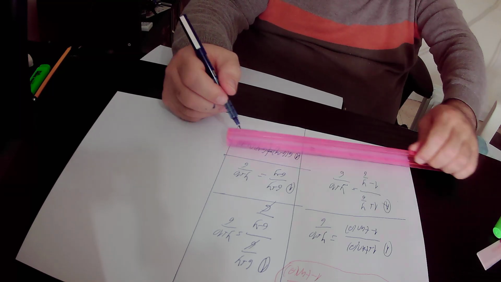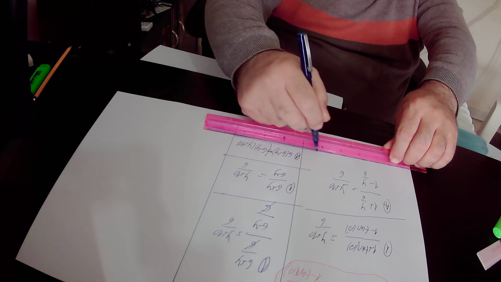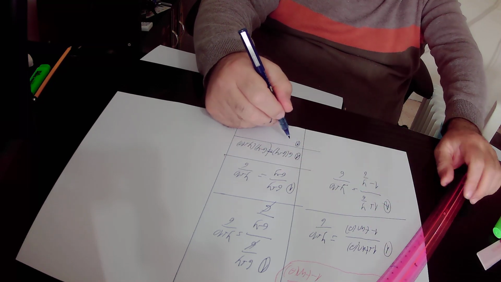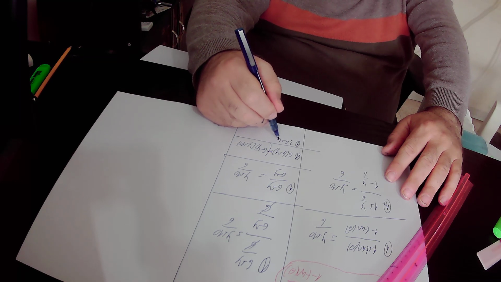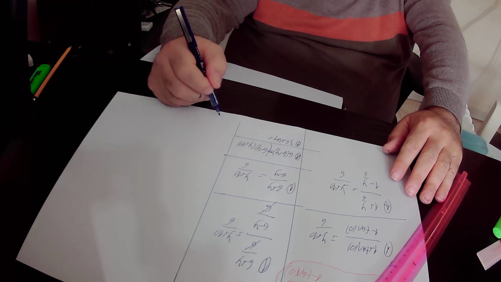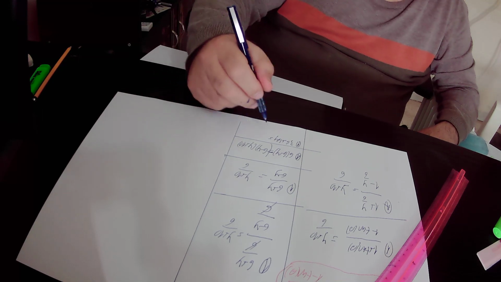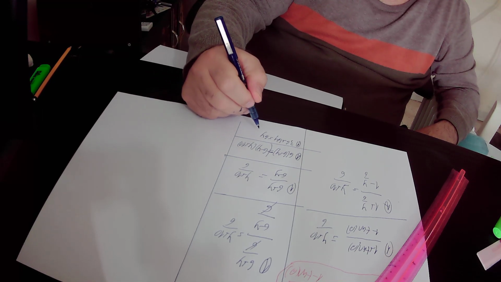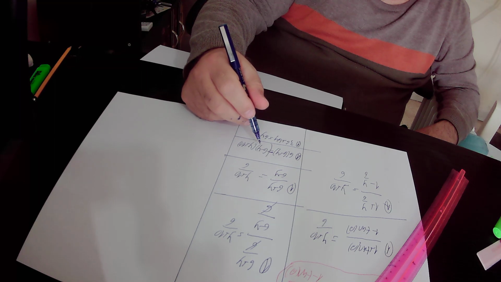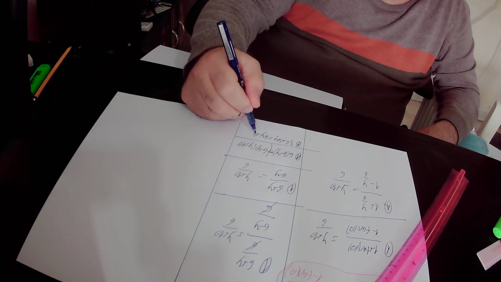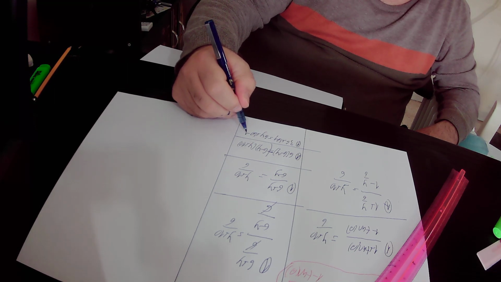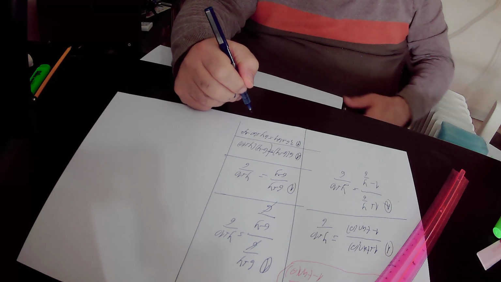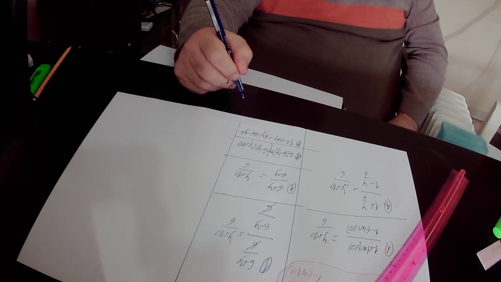We will open the brackets on both sides of equation number 1 and we will get that 6 times 6 is 36 plus 6y, and it is equal to 6y, and 6 times 10 is 60, minus y times y is minus y squared, and minus y times 10 is minus 10y.